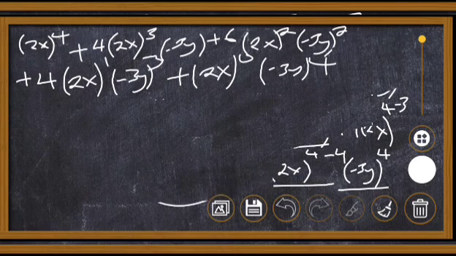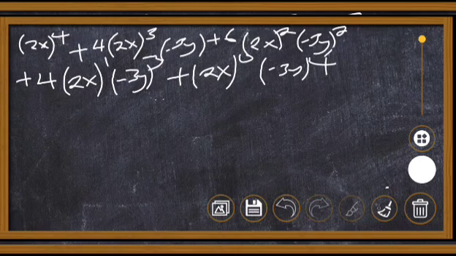So we are going to have these values, and then also this power is not properly written, so we are going to have power 4. So this is the expression that we are going to come up with.